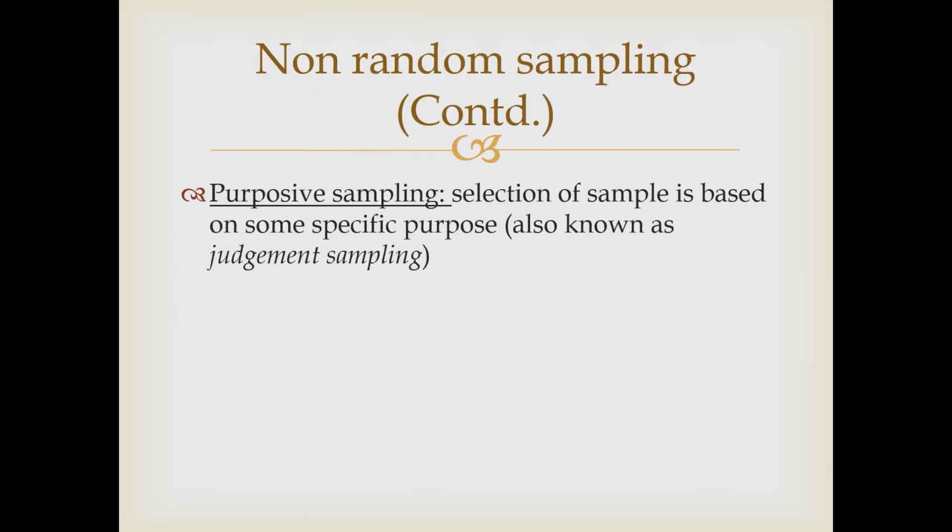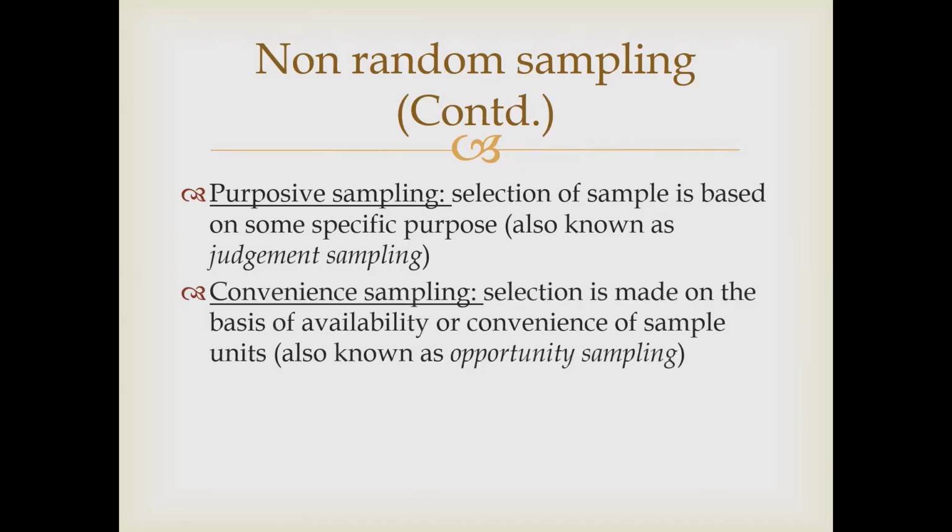So you have to apply your judgment to find out whether the employee has 3 years experience, and only from those employees we can make a selection. So this is called purposive sampling. Some criteria will be applied, some purpose will be used for selecting the respondents or sampling units.